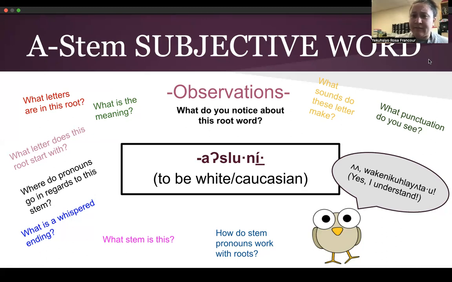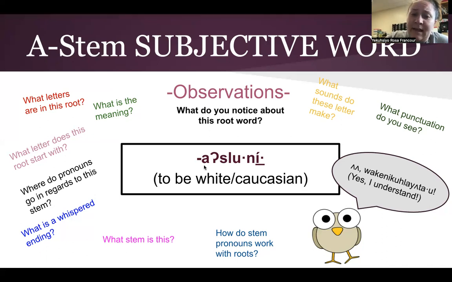You can translate from Oneida to English to Oneida, and you develop really strong and sharp skills in our language. So that's why. We could just say zloon is to be white or Caucasian, but I want you to know more about this word than just that.